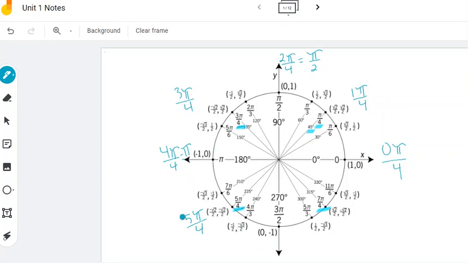So we're just counting up by 1. After 5, we've got 6 pi over 4, which equals 3 pi over 2. Count one more, 7 pi over 4, which is right here. And then we go to 8 pi over 4, which equals 2 pi.